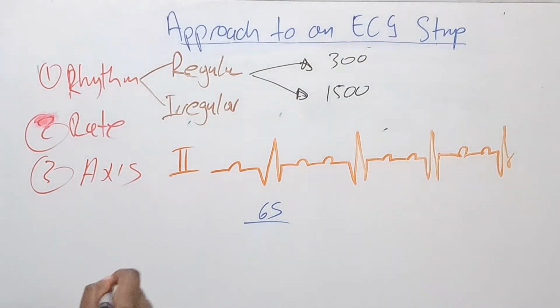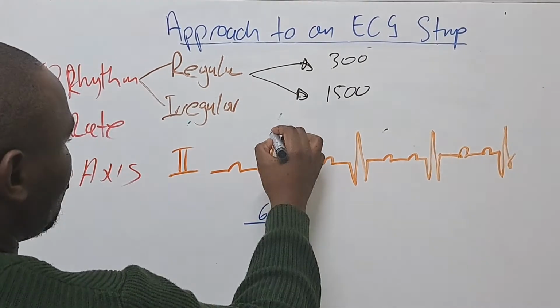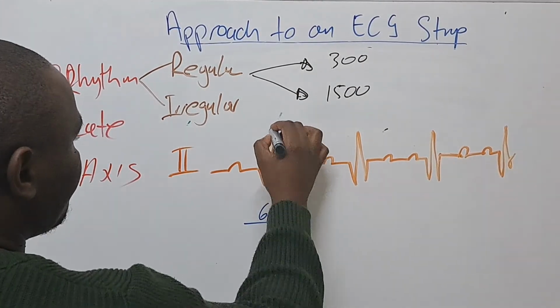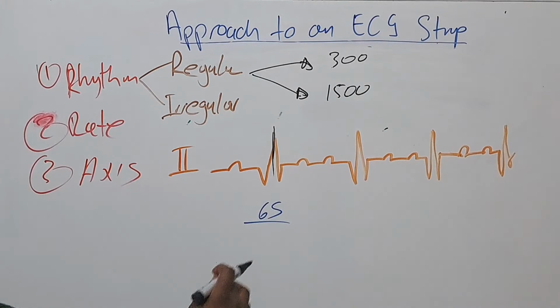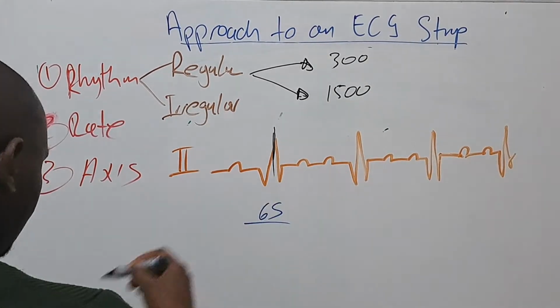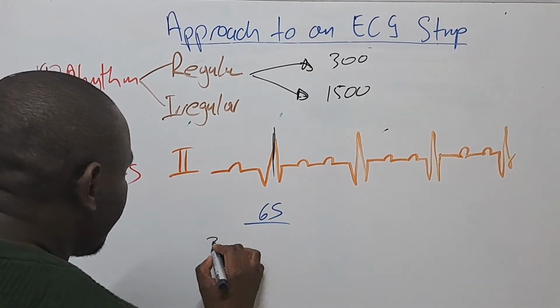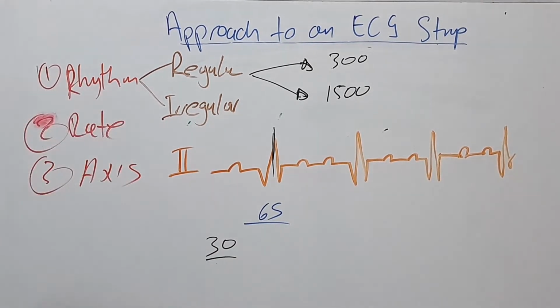The first method is just target 1 R wave. From that R wave, count the number of big boxes. Those big boxes should be 30. If it's really 6 seconds, it should be 30.